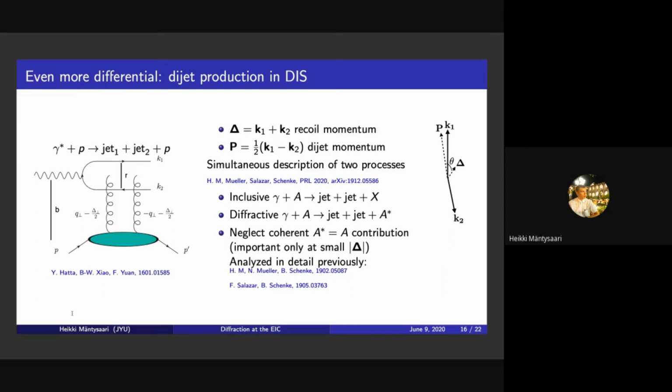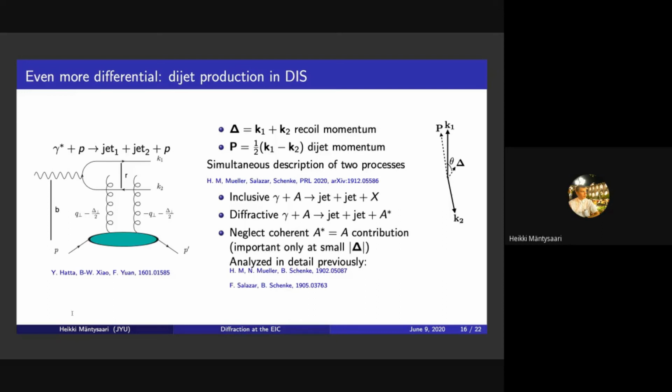Then the last couple of slides were about correlations, so I had dependence on both the momentum transfer and the azimuthal angle between the lepton and the meson or photon. And then finally, even more differential is to look at the dijet production.